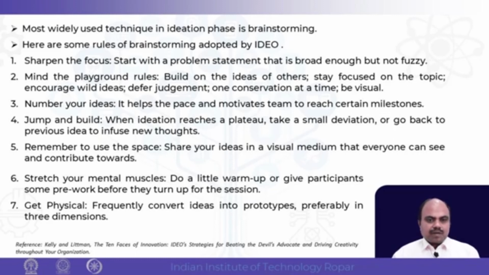Then mind the playground rules, which means you focus on the idea and defer judgment; do not judge each other's ideas. Be more visual, interactive, and number your ideas, and build on each other's ideas. Then jump and build when ideas reach a plateau: a small deviation, you can go back to the previous idea and then change or modify it. And remember to use space.